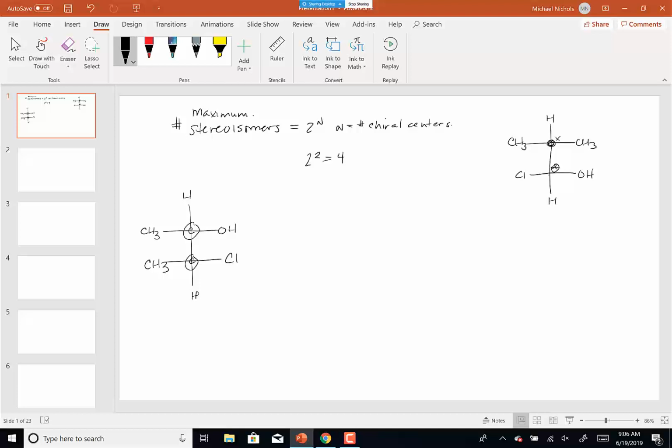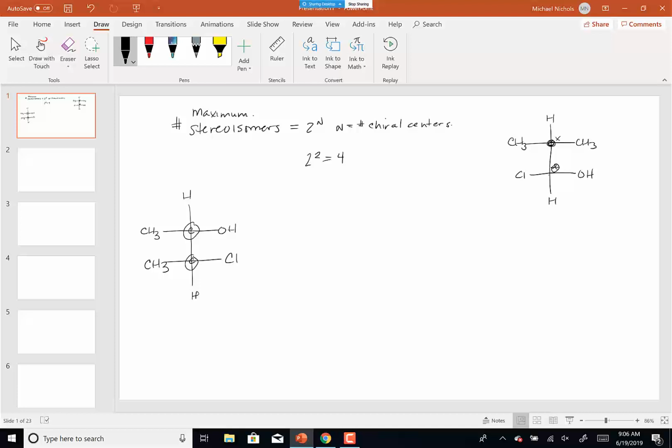Let me start with what is the top carbon and what is the bottom carbon in terms of R and S. I'll give you a minute to take a look. Is the top carbon R or S?